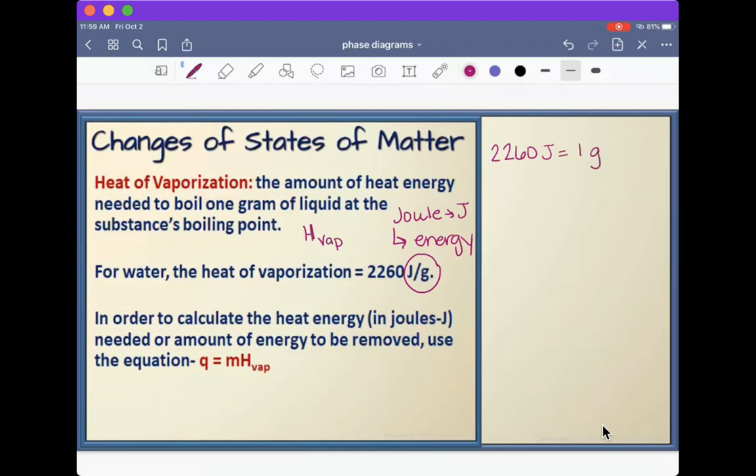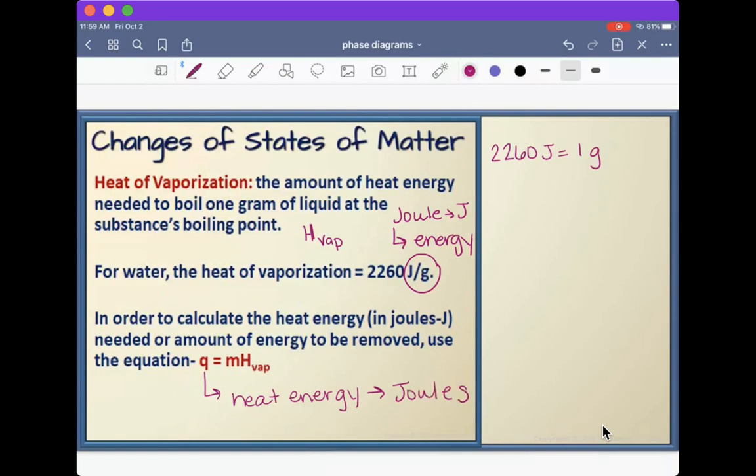All right, so we can use that now to solve some problems. In order to calculate the heat energy in joules needed, or the amount of energy to be removed, we can use the equation Q. That little Q right there stands for our heat energy, and the heat energy is measured in joules.